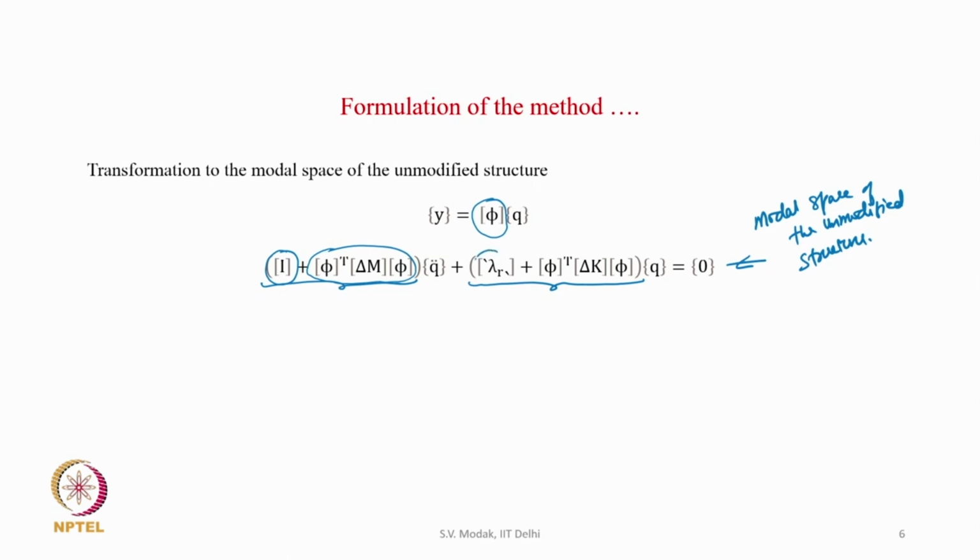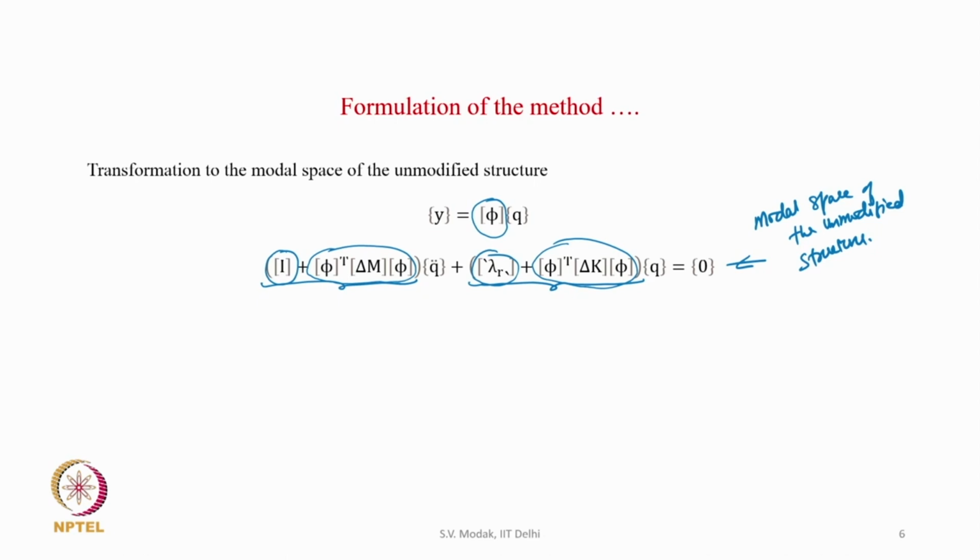Similarly, this lambda r matrix is a diagonal matrix of eigenvalues of the unmodified structure, but phi transpose delta k phi is not diagonal. Therefore, these equations in the modal space are not uncoupled equations; they are coupled equations.